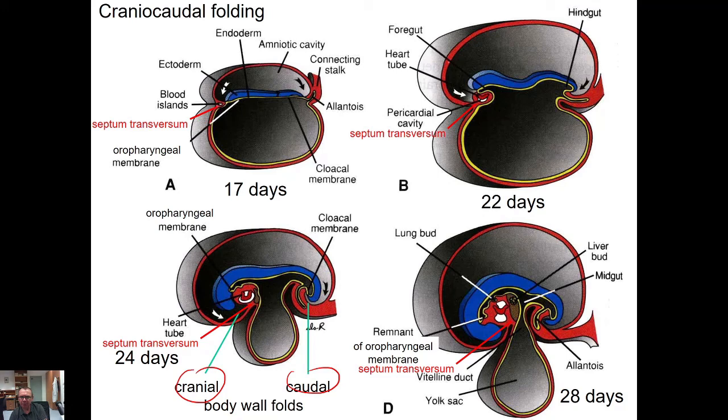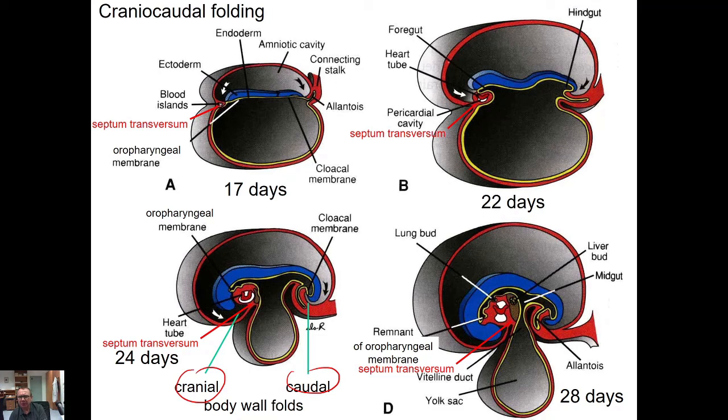Septum transversum is a plate made of lateral mesoderm, which is situated between the intraembryonic coelom and extraembryonic coelom in the cranial area, in the cardiogenic zone. This septum transversum here closes the communication between intra and extraembryonic coelom from the very beginning. And it goes ventrally together with other structures in this cranial side.